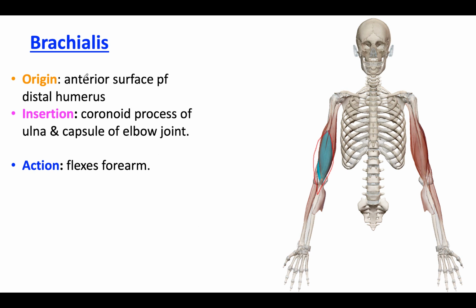It originates at the anterior surface of the humerus, the distal end of the humerus, and inserts at the coronoid process of the ulna and the capsule of the elbow joint. So origin, insertion, and it allows flexion of the forearm.